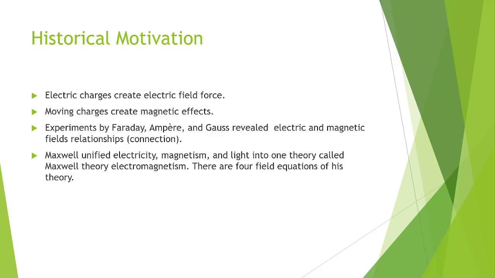Electric charge creates an electric field force. What does that mean? It means that when we have a charge, let's say a positive charge, it will create a field around it.